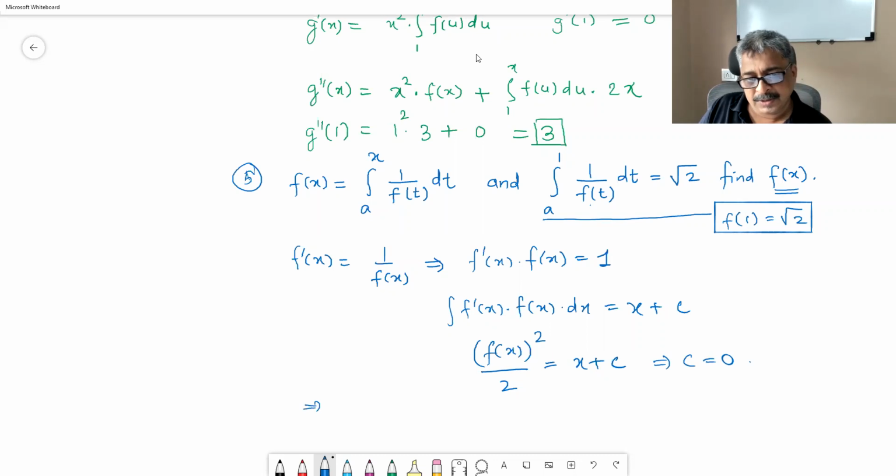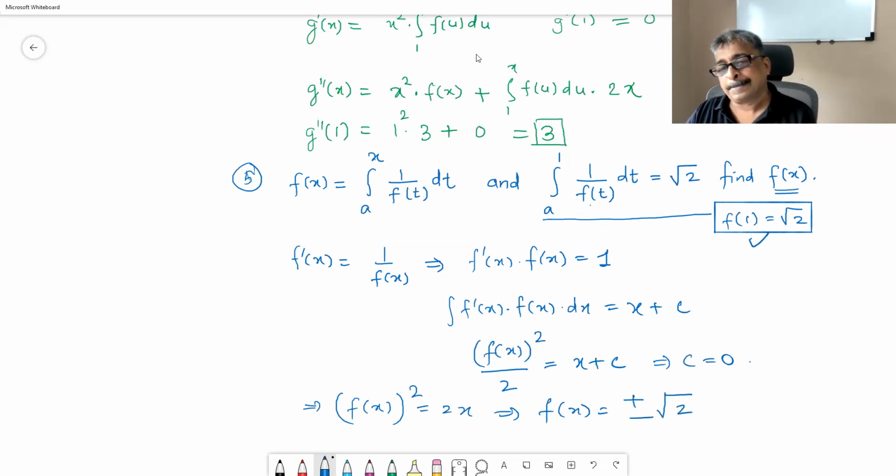This implies f of x bracket square is equal to 2x, which implies f of x is equal to plus or minus root 2x, but then you go back to this condition. If you put x is equal to 1, you don't get minus root 2, you get root 2, and therefore the final answer is plus root 2x.